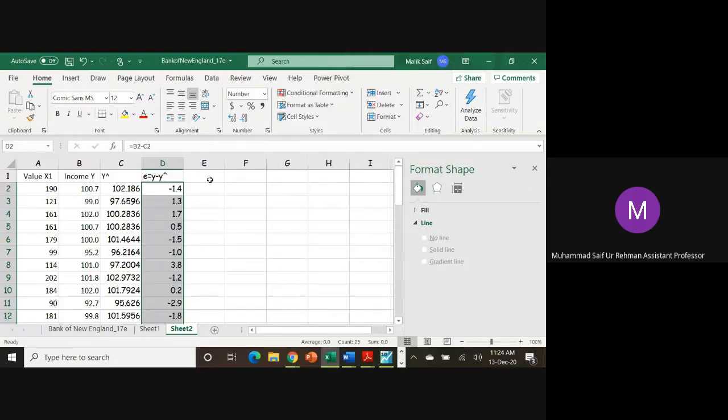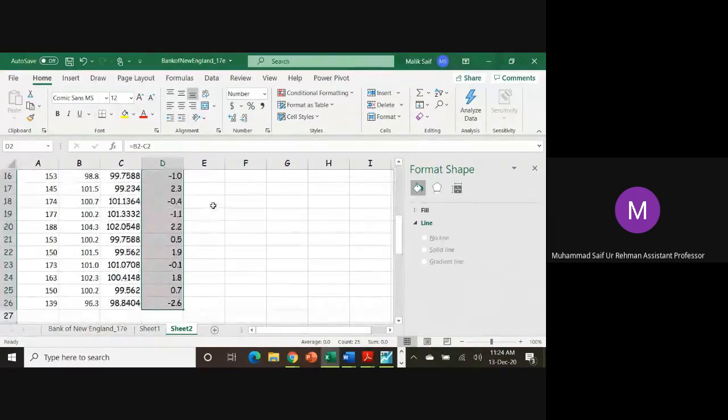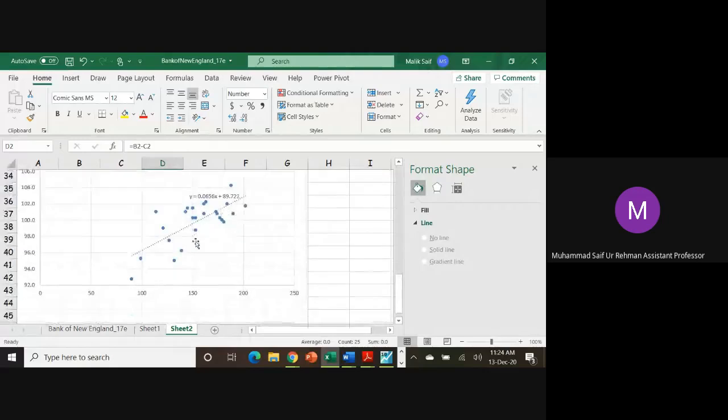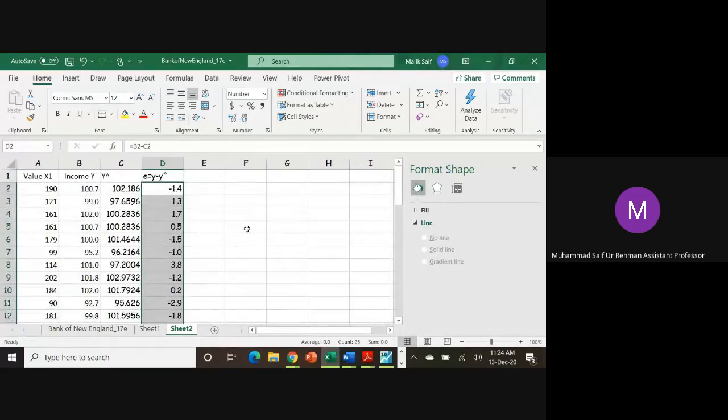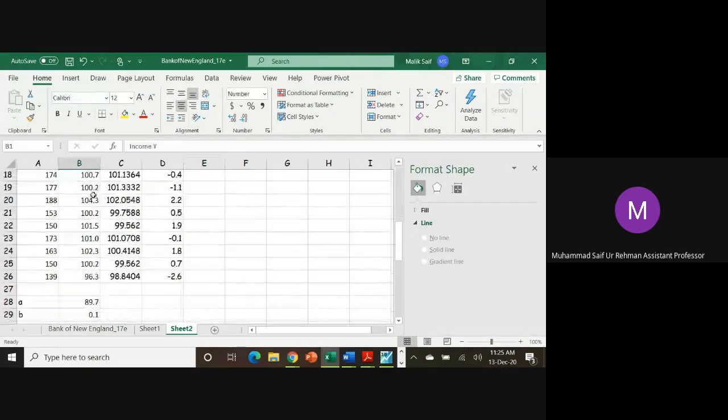So I have shown you the graph. Now I'm going to draw another graph in which I am interested in the residual values against the dependent variable. So how will the graph look?